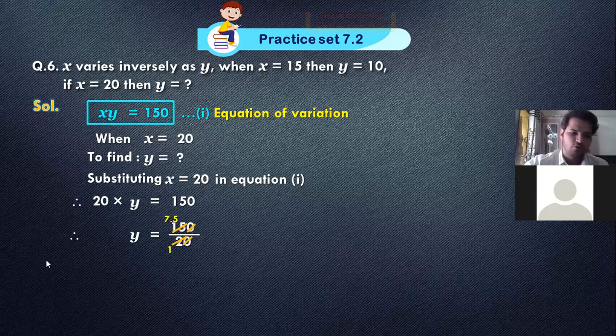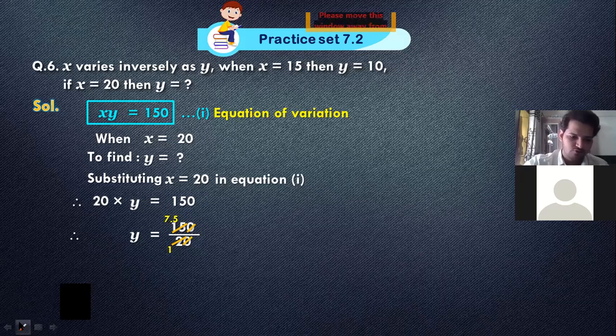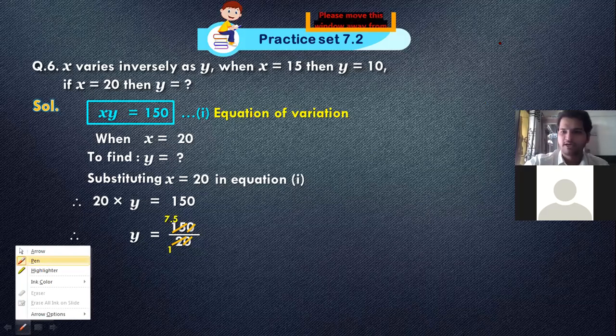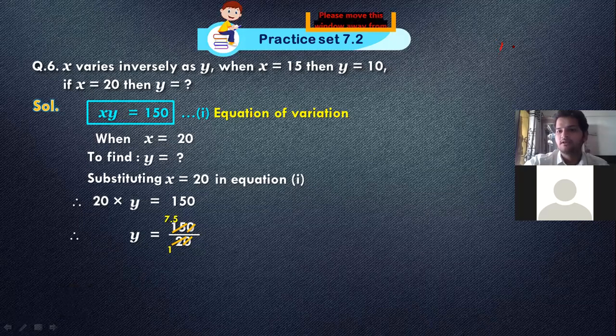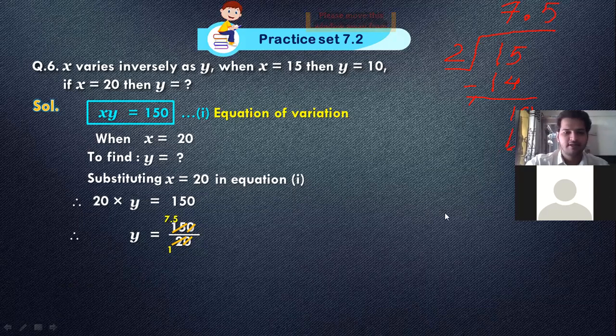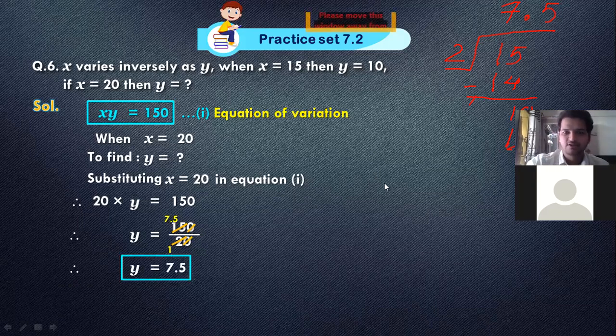And if you want, you can do the calculation like a small child also, where you can divide 15 by 2. Okay, like this. 2 sevens are 14, then remainder is 1, you get a 0, 2 fives are 10. So what is the answer we all are getting? 7.5. All right, students, is that clear to all of you?